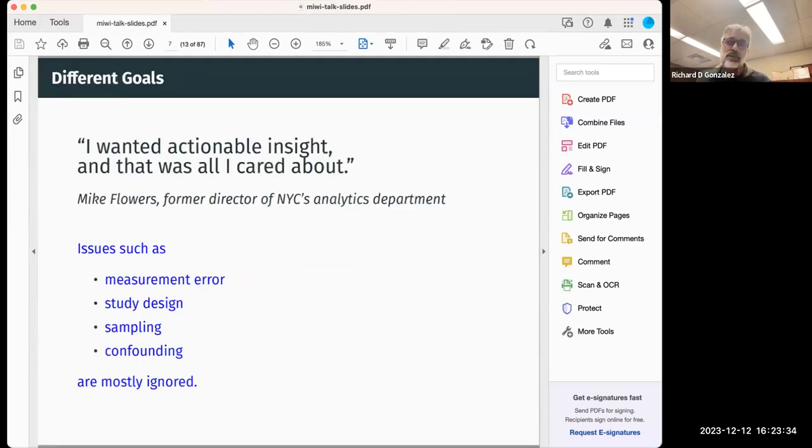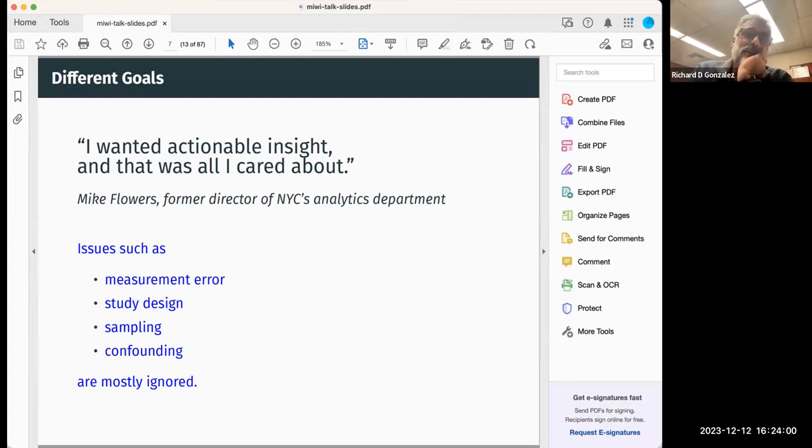As I hinted in my initial comments, data science sometimes has different goals than the more scientific goals that you would see in journal articles. So here's a quote from a former director of New York City's analytics department. He said, "I wanted actionable insight, and that's all I cared about."